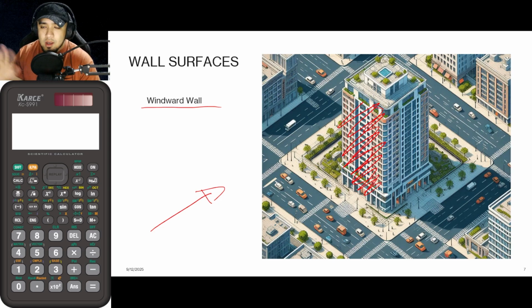So direct contact po sila ng hangin, and the tendency of wind towards the windward wall is that it is actually pushing the windward wall. Okay, but then again, if wind travels towards this direction, aside from it pushing the windward wall, we also have this term which we call the leeward wall, which is opposite the windward wall.